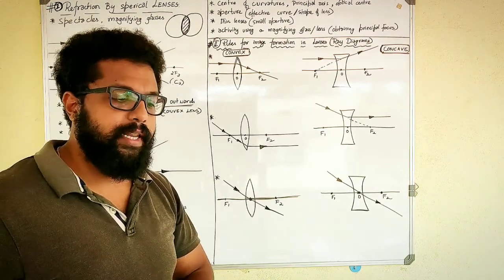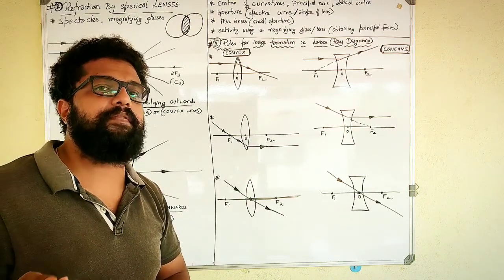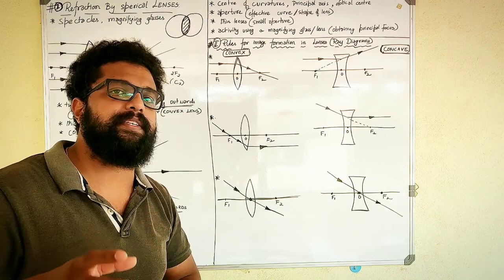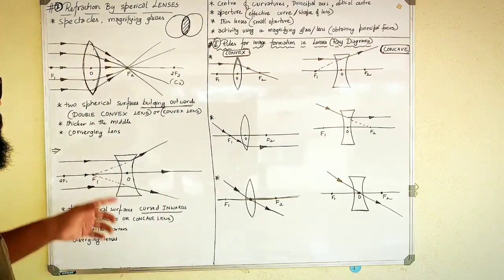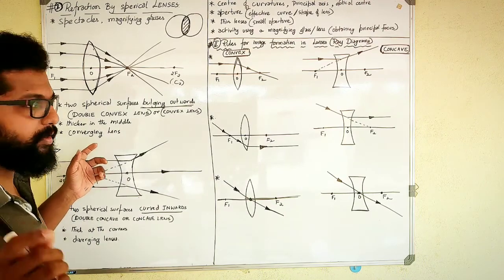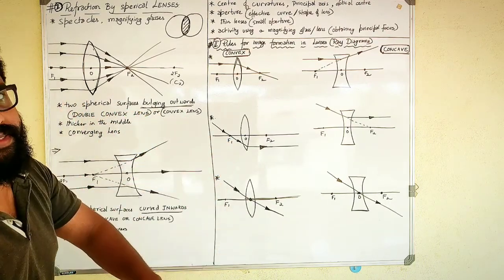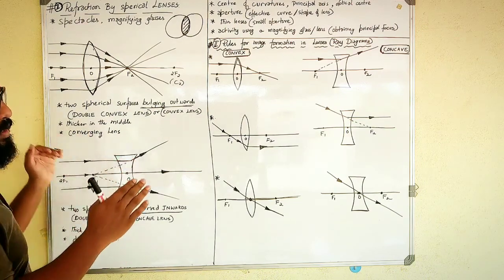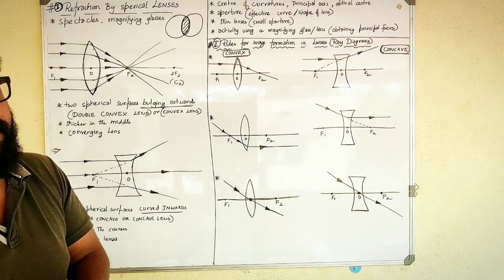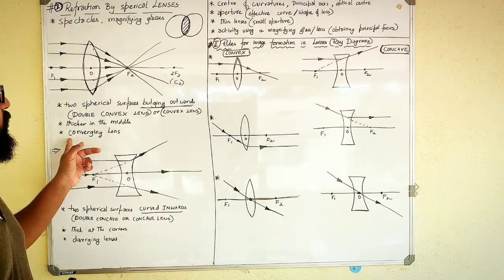The light rays after refraction, if they converge, then we can tell that those light rays are passing through a convex lens. Sorry, not mirror, the mirror concept is already done. So now we'll be talking only about lenses. Such a lens which will converge the light rays coming from a far distance is called a converging lens.